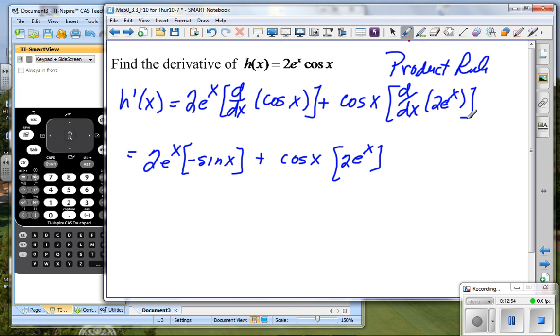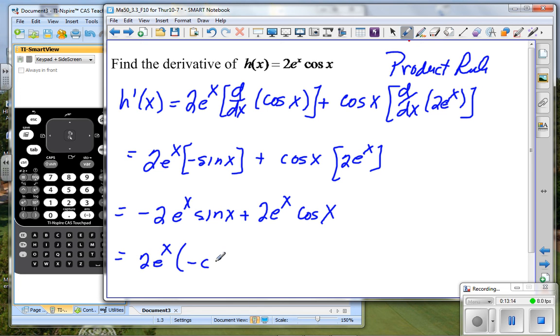So we show the derivatives, we take the derivatives, and you owe me 2 more algebra lines. So let's see, this is negative 2e to the x sine x plus 2e to the x cosine x, and we can factor out a 2e to the x, and we'd have negative sine x plus cosine x.